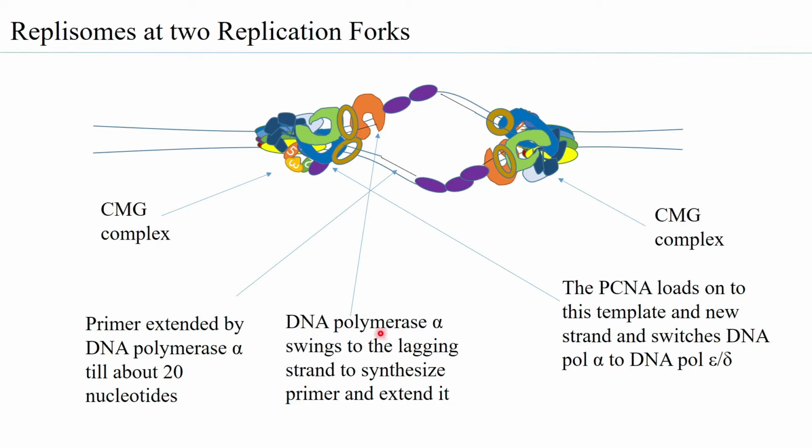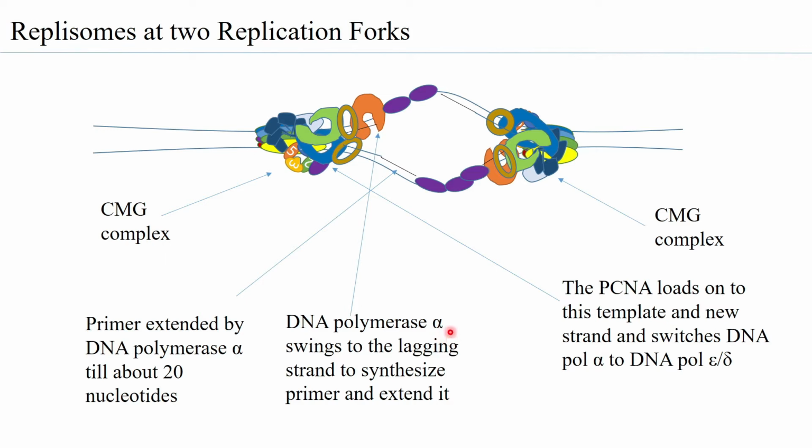Moreover, the DNA polymerase alpha has its 3' 5' exonuclease domain inactive, and therefore it cannot synthesize long stretches of DNA with high fidelity. It makes a lot of mistakes.